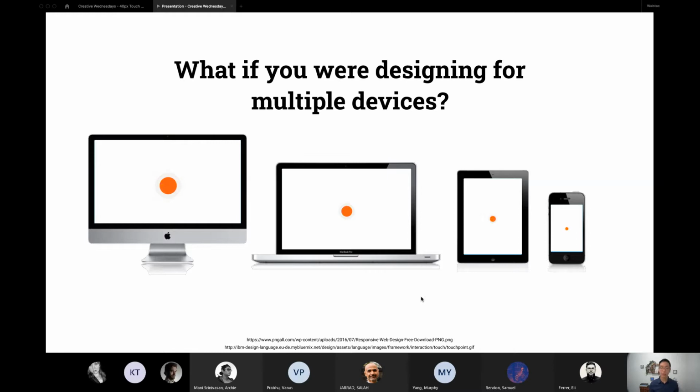But we are trying to design responsive apps. We're trying to design adaptive apps, things that will be able to flow and be fluid across multiple devices.